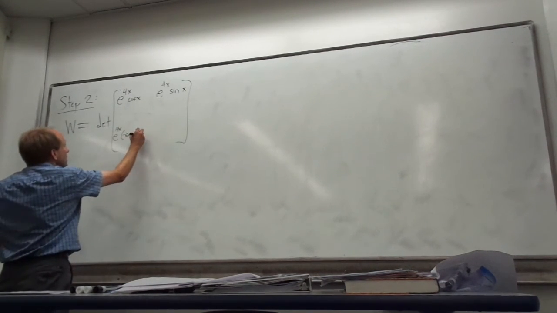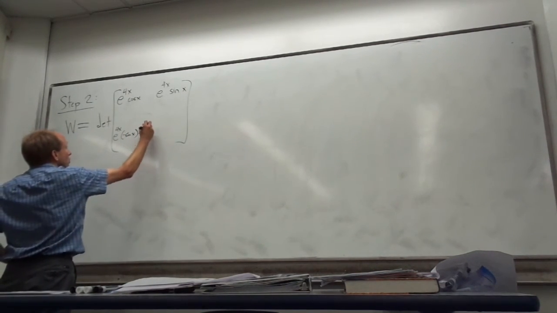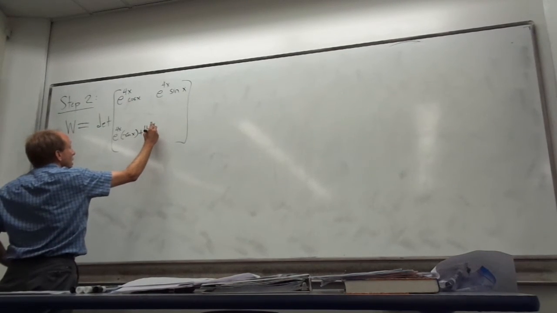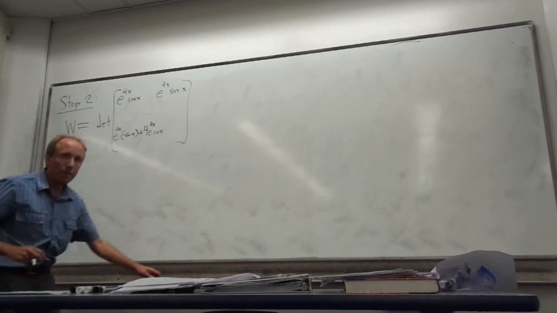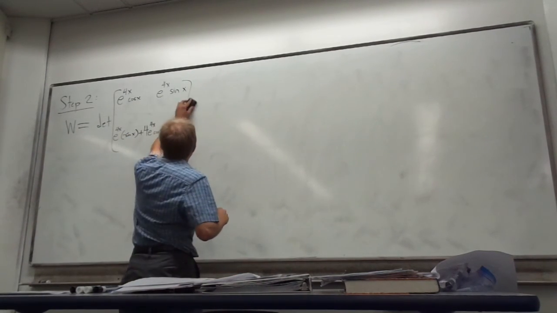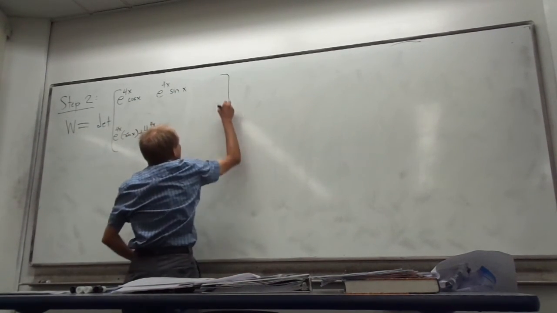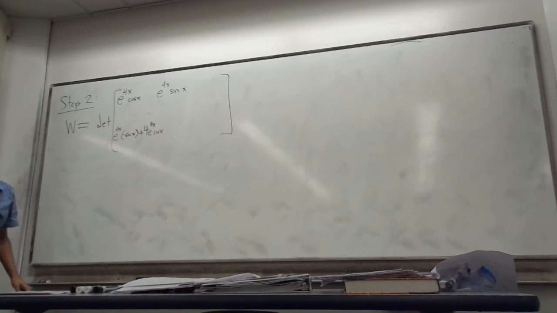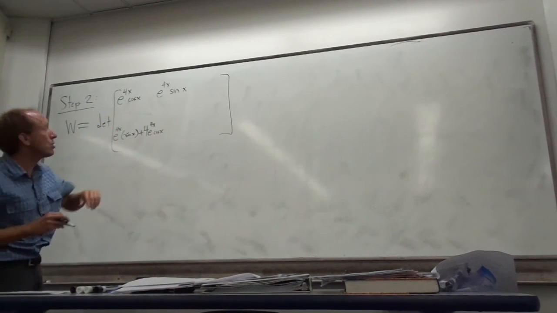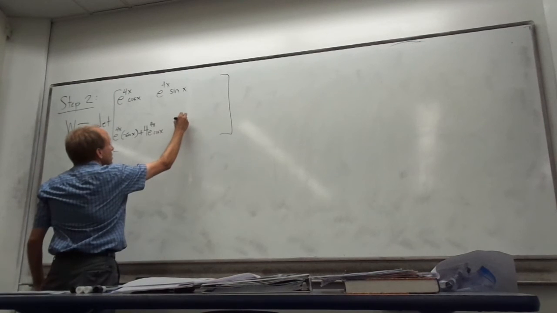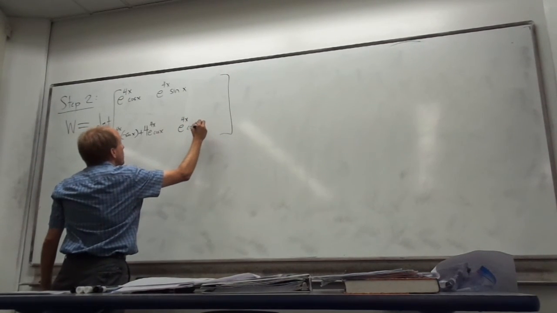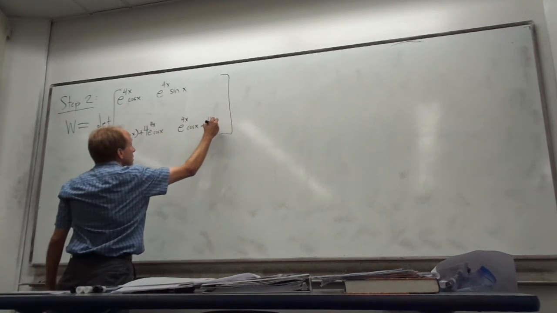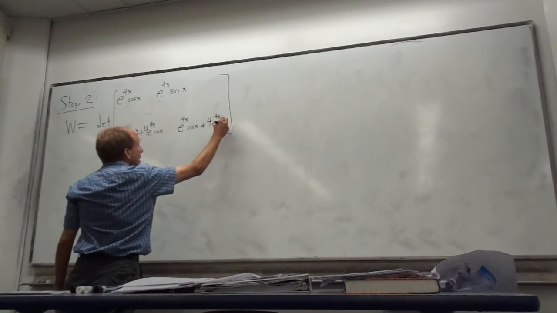And then plus the derivative of e to the 4x, which is 4e to the 4x, times cosine of x. I really didn't make my matrix big enough, did I? Need more room here, sorry. So we'll stretch that out a little bit. The second derivative is just going to be e to the 4x cosine of x plus 4e to the 4x sine x.